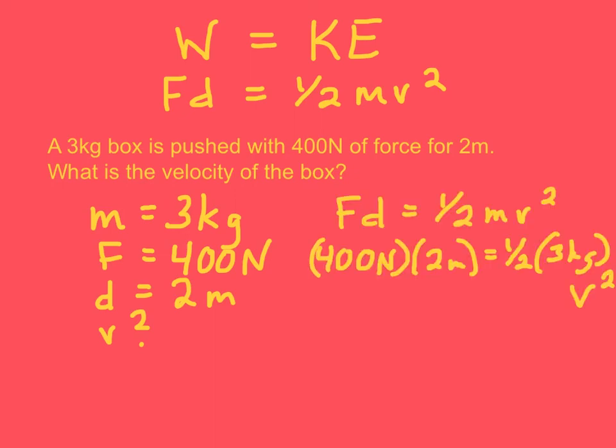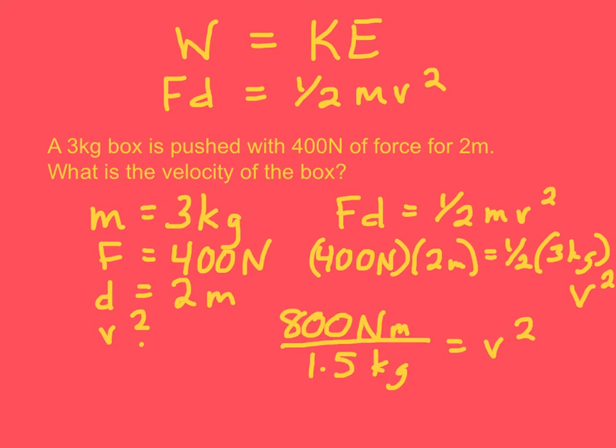Mathematically, we'll be multiplying 400 times 2, and then we will take the 1/2 and the 3 kilograms and divide it to the other side of the equation so that it's equal to v squared. Then we will take the square root to solve for v, so that our final answer is 23 meters per second.